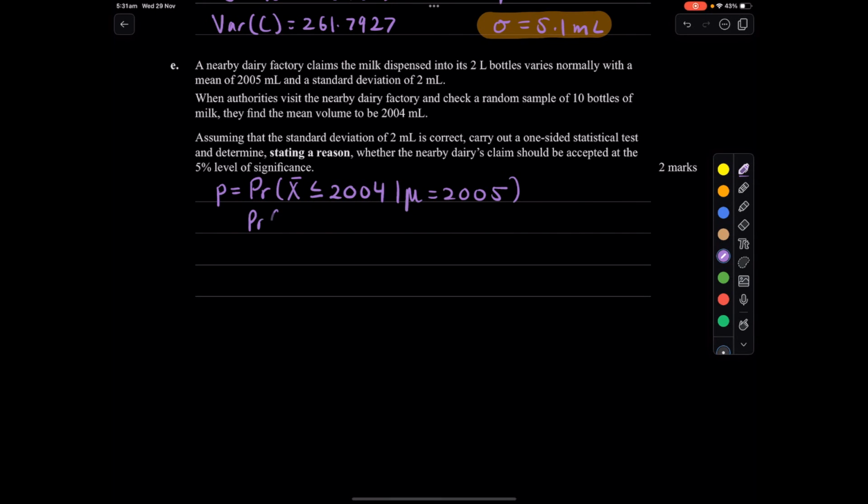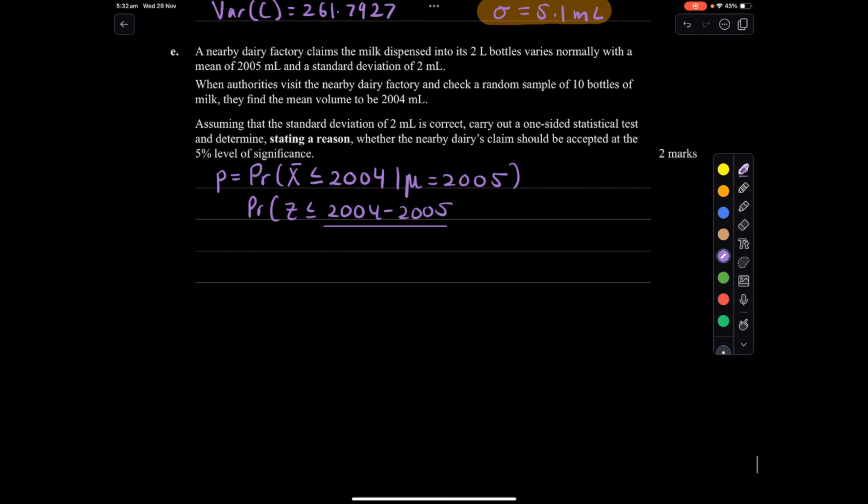So we can write that as Z is less than or equal to 2004 minus 2005 over your standard deviation. But this standard deviation is going to be s, which is 2 over the square root of how many bottles? We take 10 bottles, so it's 2 over root 10. And that is going to give us a p-value.